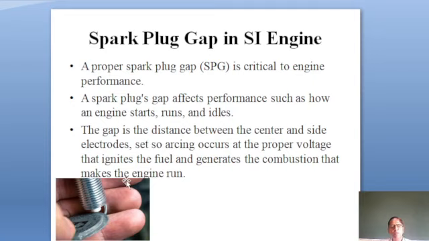So maintaining a proper electrode gap or spark plug gap is very important, and in this project we try to find out the optimum spark plug gap by using acoustic analysis, and we try to diagnose the spark plug fault in the IC engine.